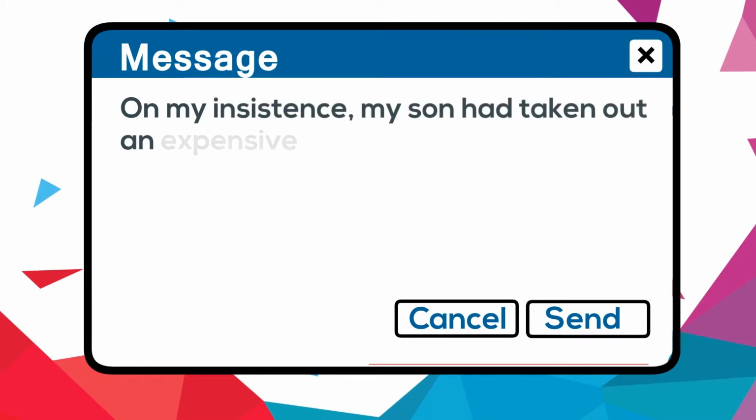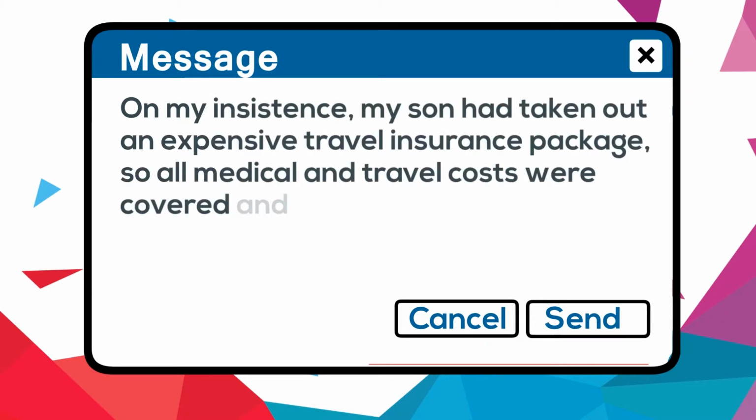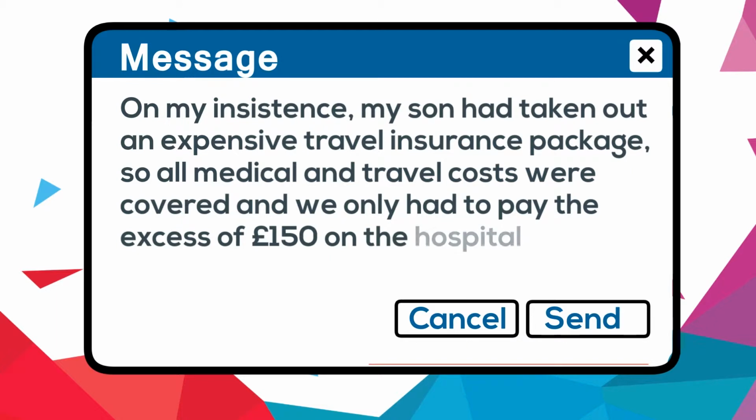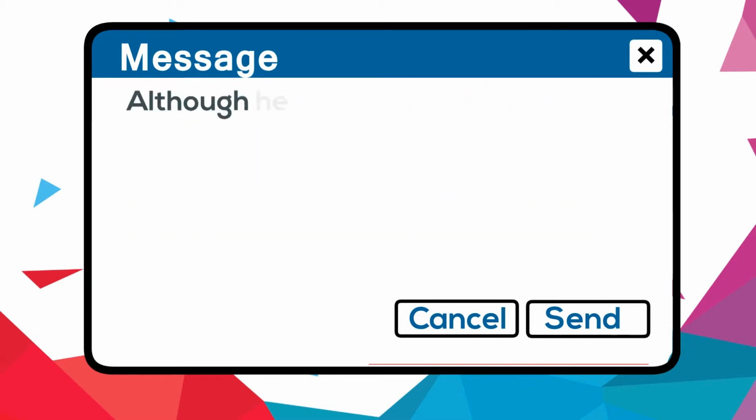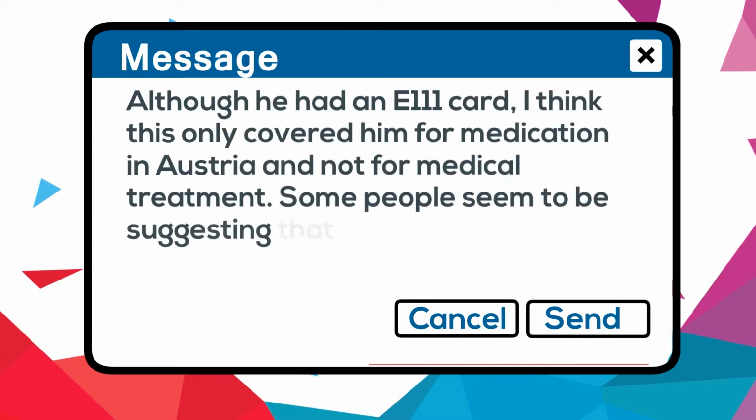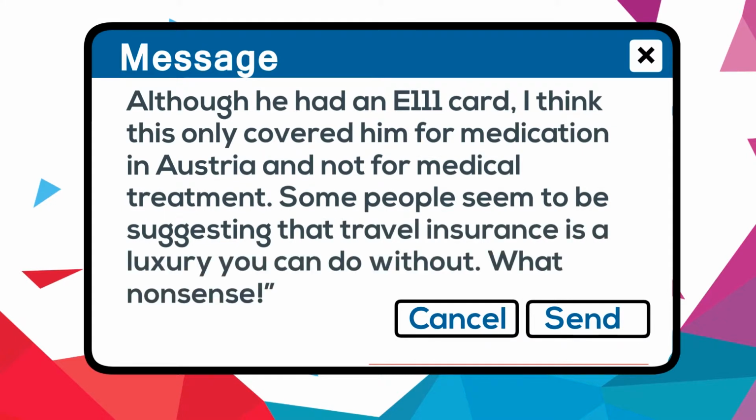On my insistence, my son had taken out an expensive travel insurance package, so all medical and travel costs were covered, and we only had to pay the excess of £150 on the hospital fees. Although he had an E111 card, I think this only covered him for medication in Austria and not for medical treatment. Some people seem to be suggesting that travel insurance is a luxury you can do without.